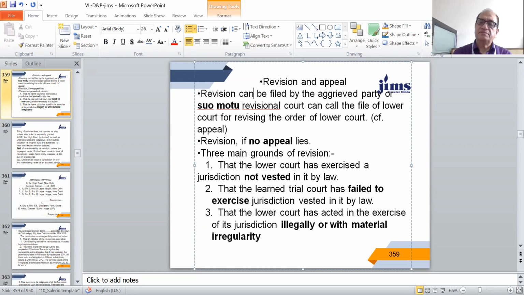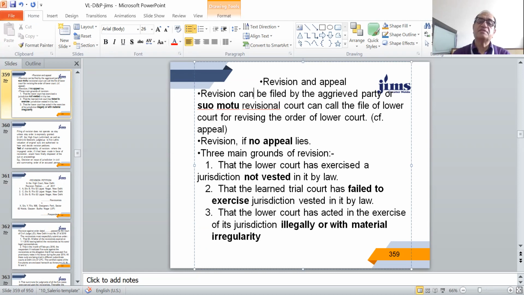And then as district and sessions judge, I used to call the record of the lower court by drawing an order sheet, suo motu. And then when the file of the lower court is received with the revisional court, notices are issued to both the parties and the revision is heard. But dear students, there are certain grounds of revision also.